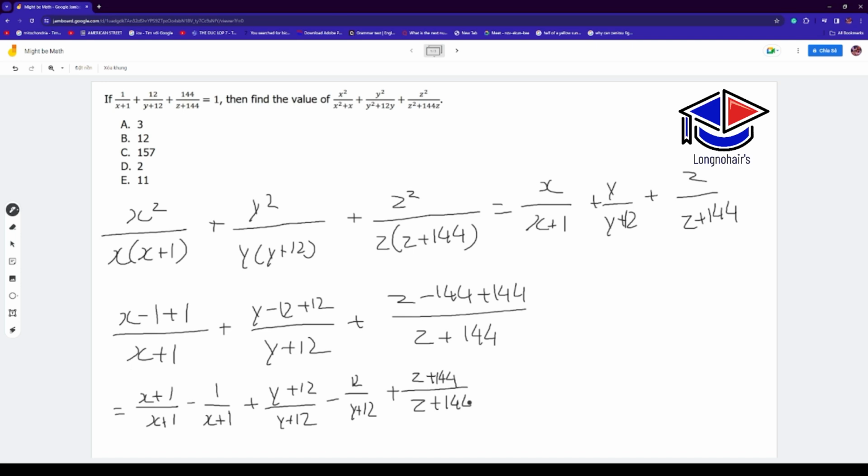That's z plus 144 over z plus 144 minus 144 over z plus 144. Now from here, you can just simplify everything else and just do it algebraically.